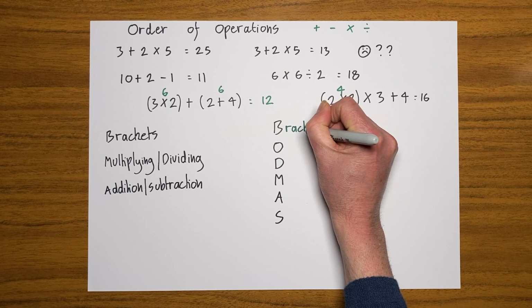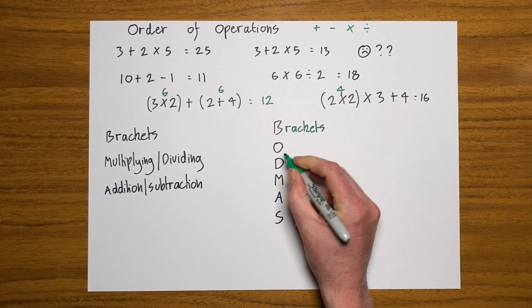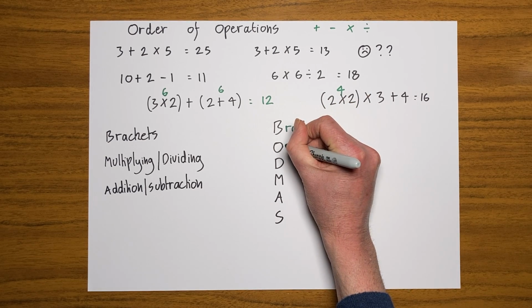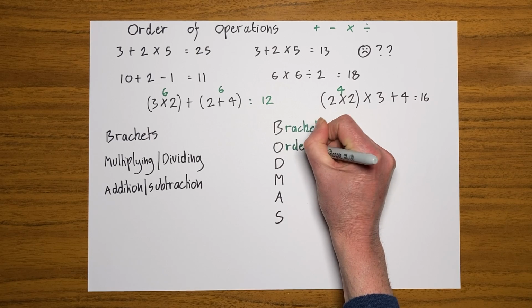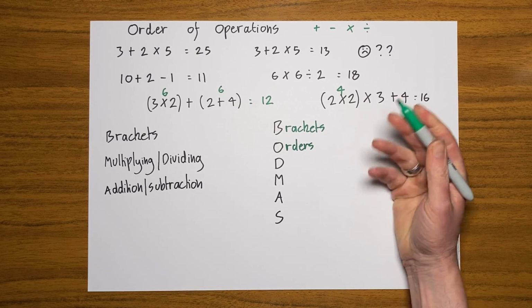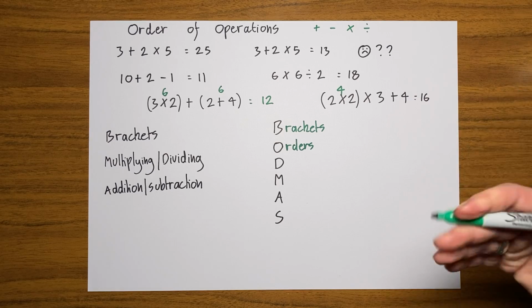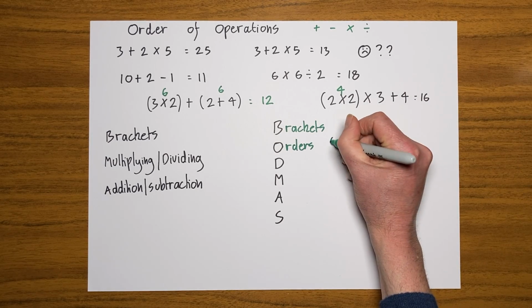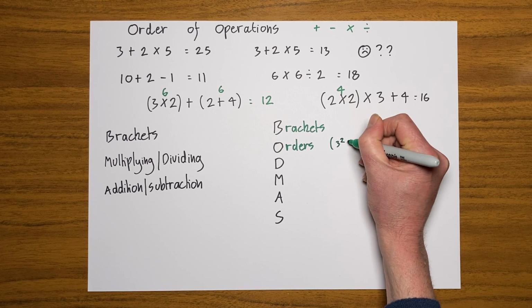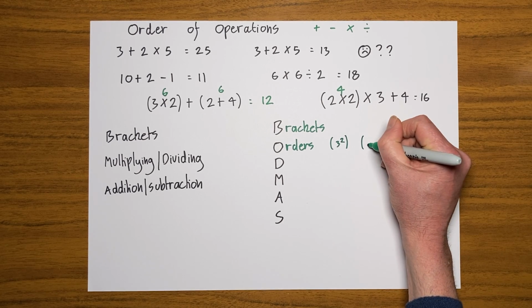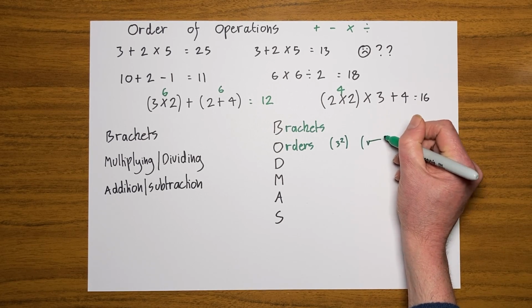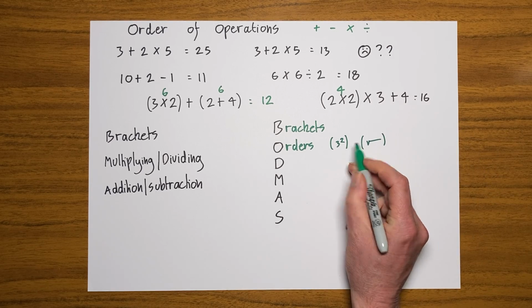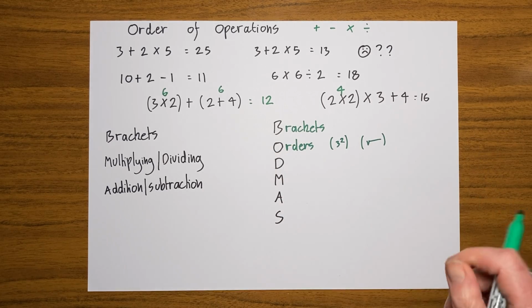Always work out the brackets first. Now this next one is called orders. Now you don't need to worry about that in Key Stage 2, but you'll come onto that in secondary school or Key Stage 3 or GCSE. Orders means things like if you've got squares or square roots or that kind of thing, you would do that next, but we're not worried about that in the work we're doing here.